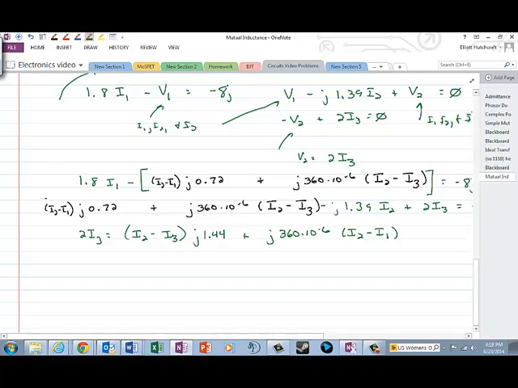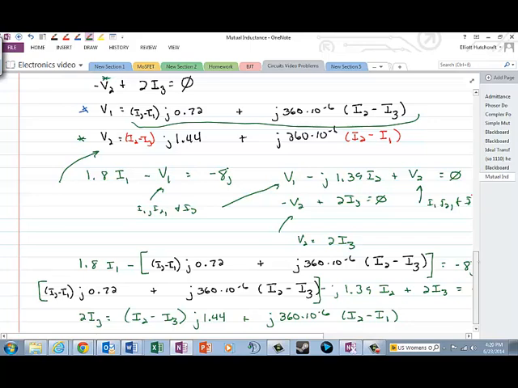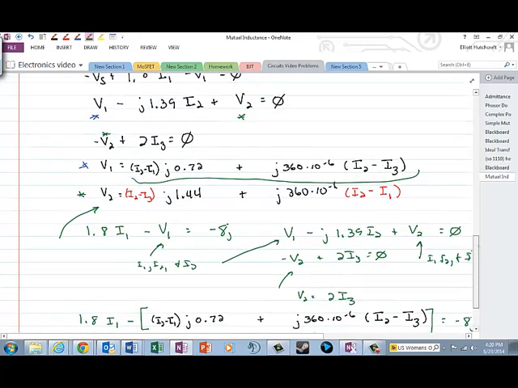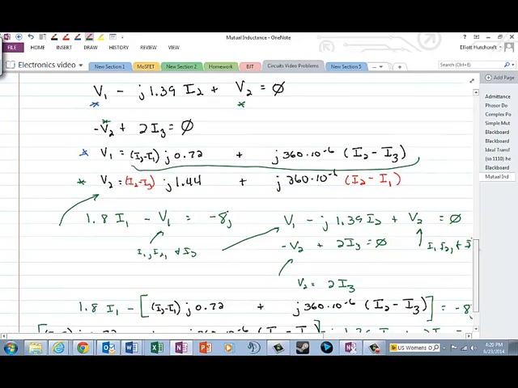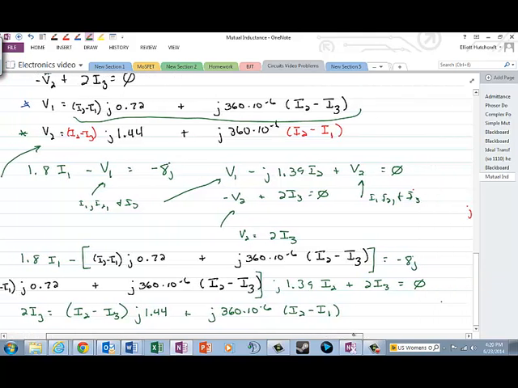Again, that was the V1, which I'll put in brackets here. And then we had the minus J 1.39 I2 plus V2. So let's make sure it's clear that that is minus J 1.39 I2 plus V2, which was 2 I3, equals 0.